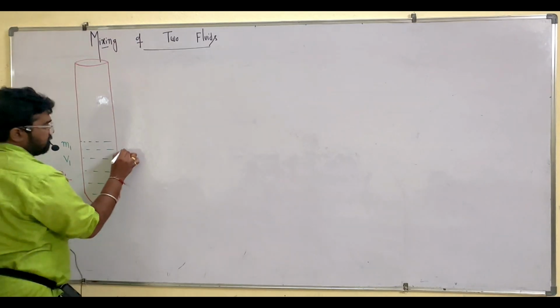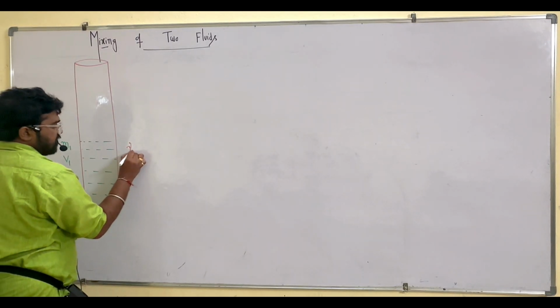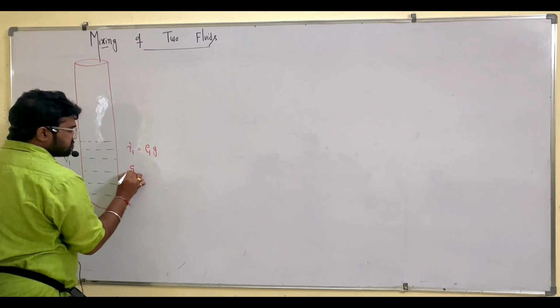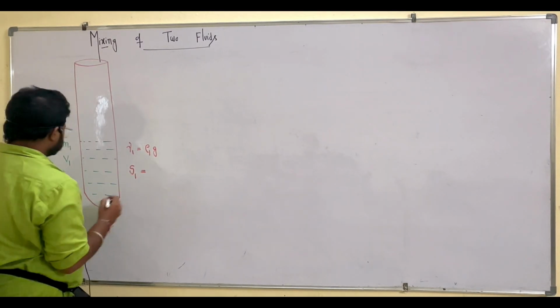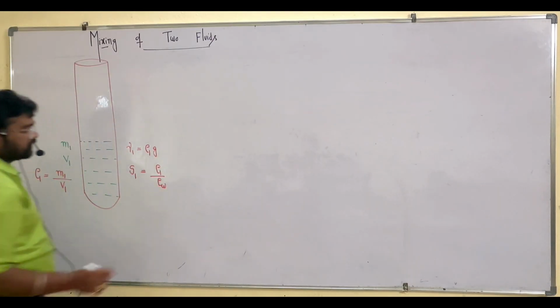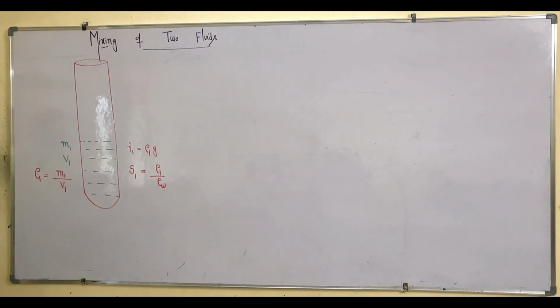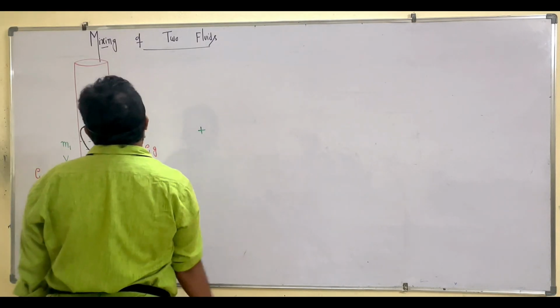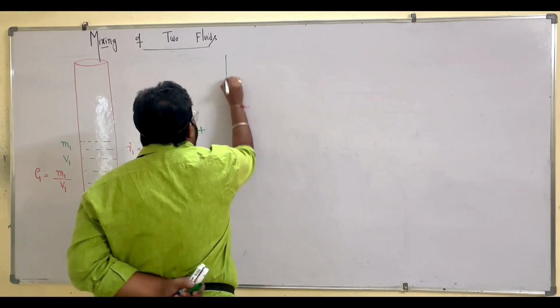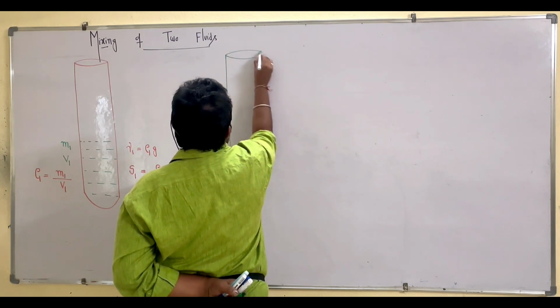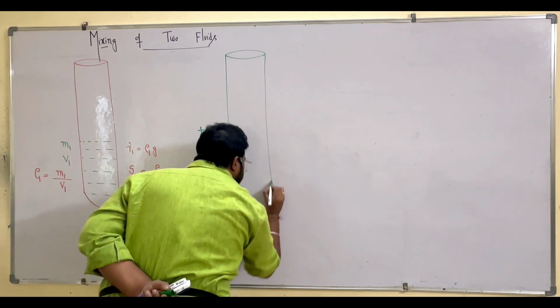What is the specific weight gamma1? Rho1 into g. What is s1? Rho1 by density of the water. Next we need to mix with the next fluid, fluid 2. This is fluid 2.